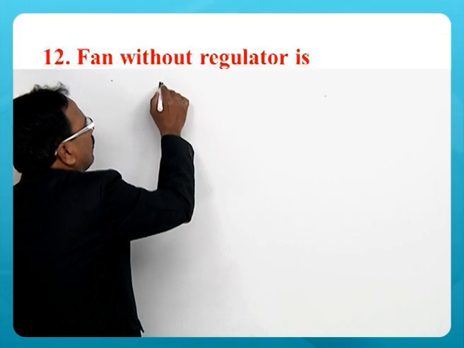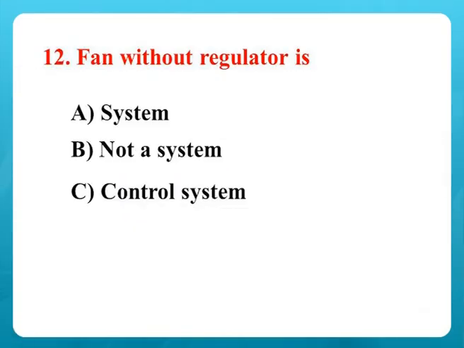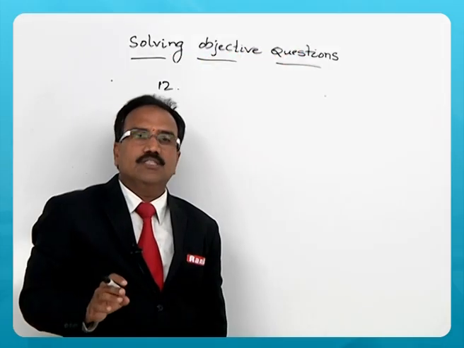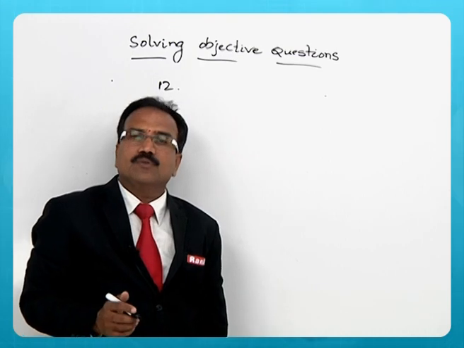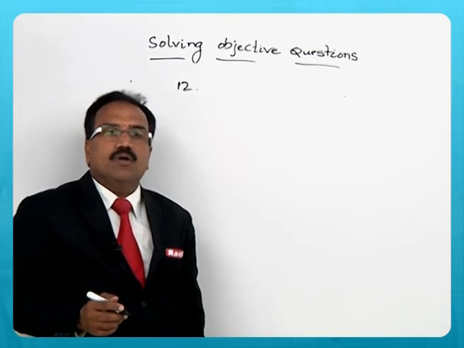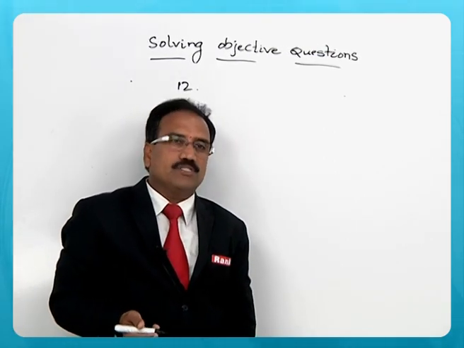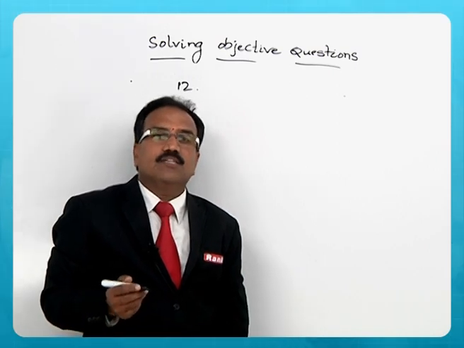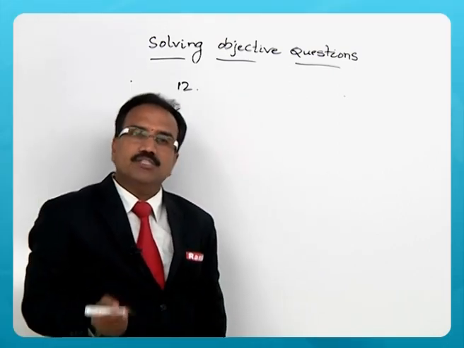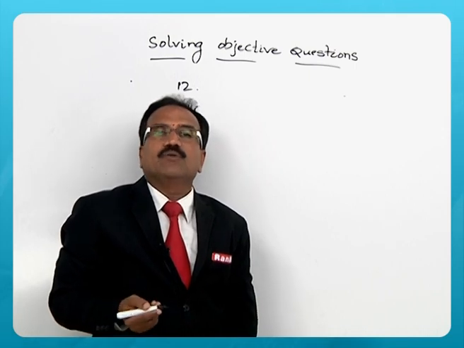Question number 12, fan without a regulator. As you know, the function of the regulator is to change the speed of the fan. So is it called a system or not a system or control system? No doubt it can still function. Fan can function without regulator also.